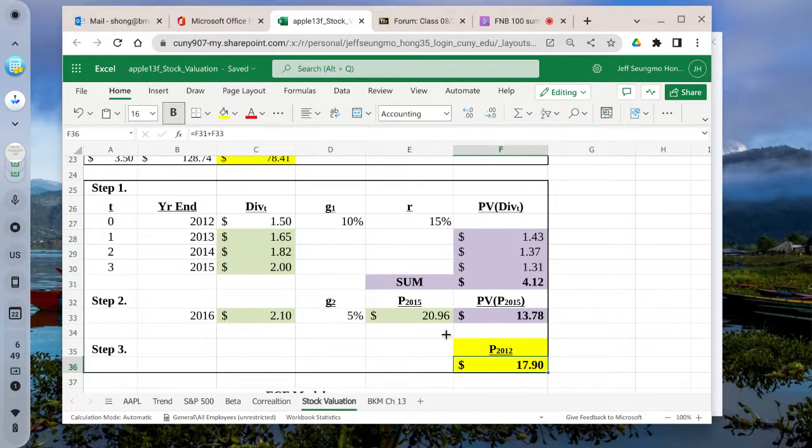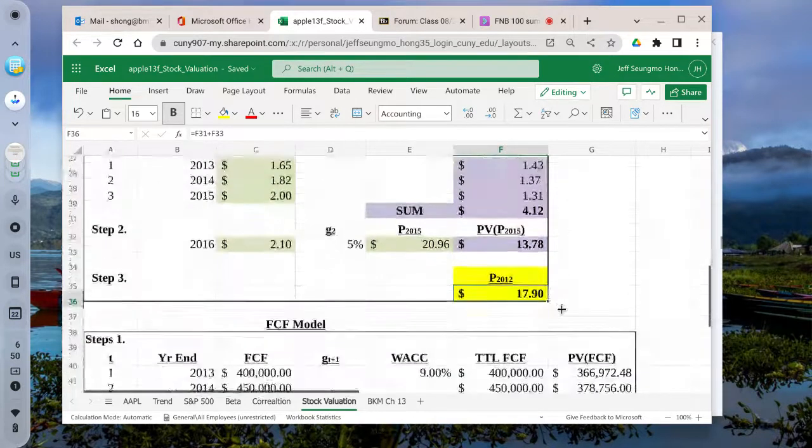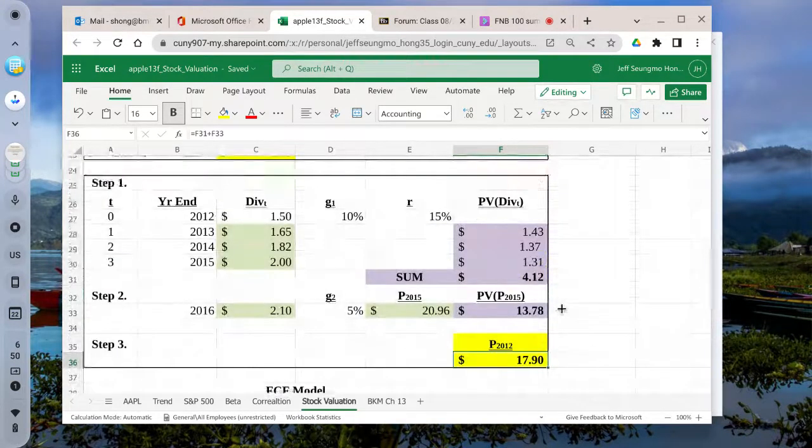If they were to make it very hard, they wouldn't nicely provide all this to you. You'll be given some raw data, raw information, like the income statement and balance sheet, you extract all this information, and you should be able to arrive at this.